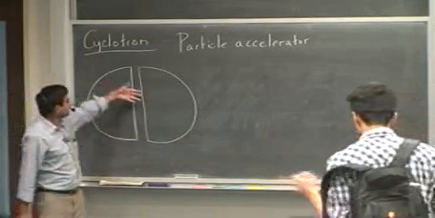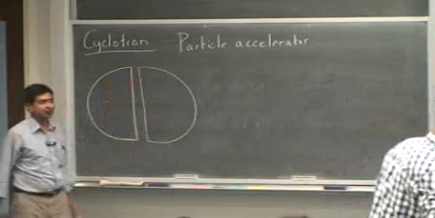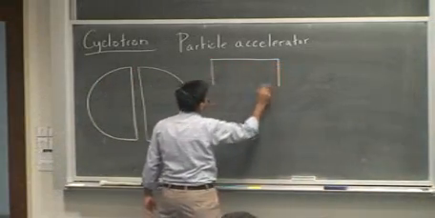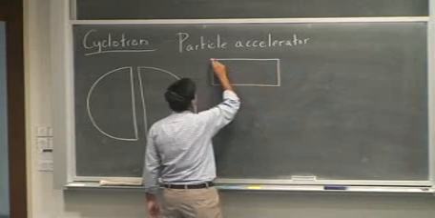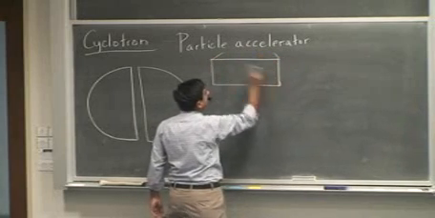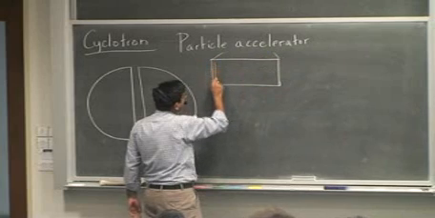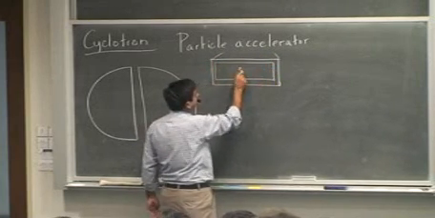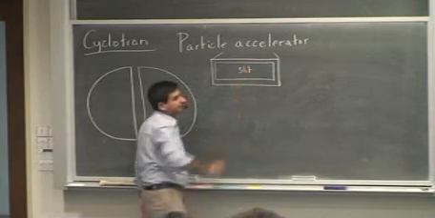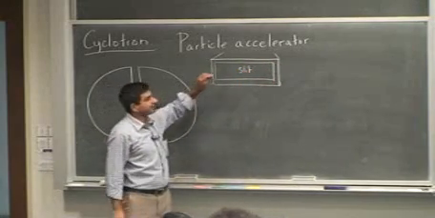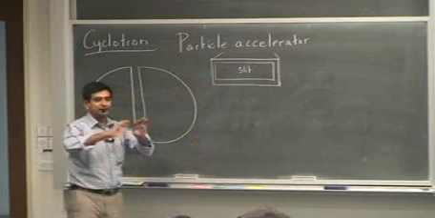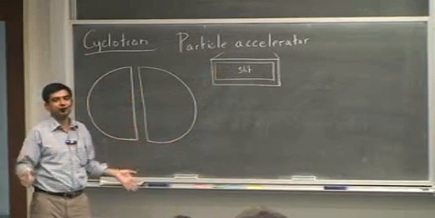So if you look at the edge of one of these chambers, this is our hemisphere, and if you look at the edge, it has a slit, so particles can go in and come out. So there's a window and it's hollow from inside and the rest is all metal.